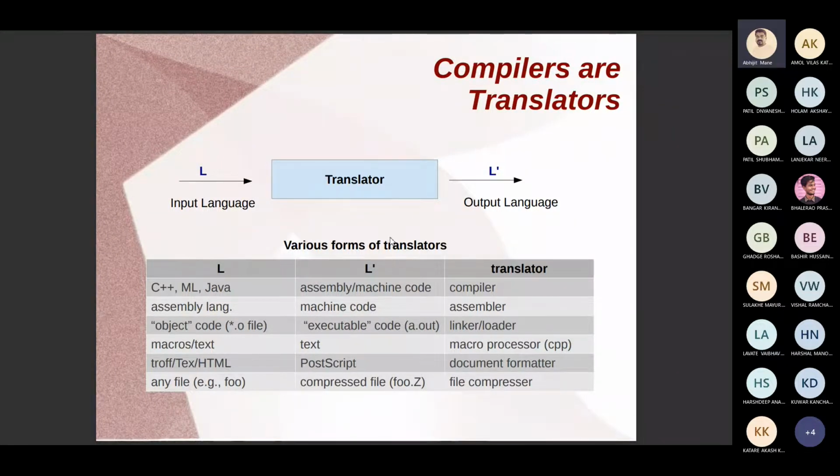Next, the object code that you have already generated, the .o files, before generating the executable file.